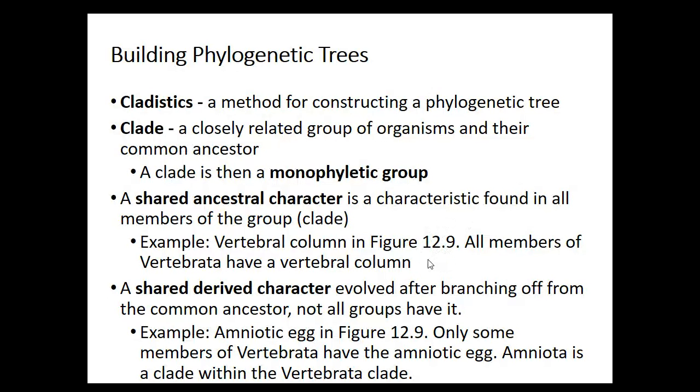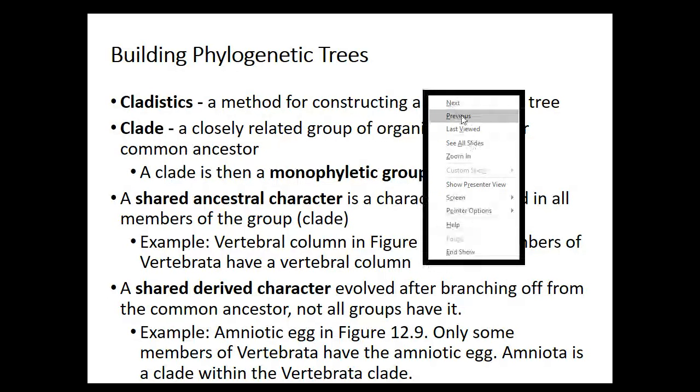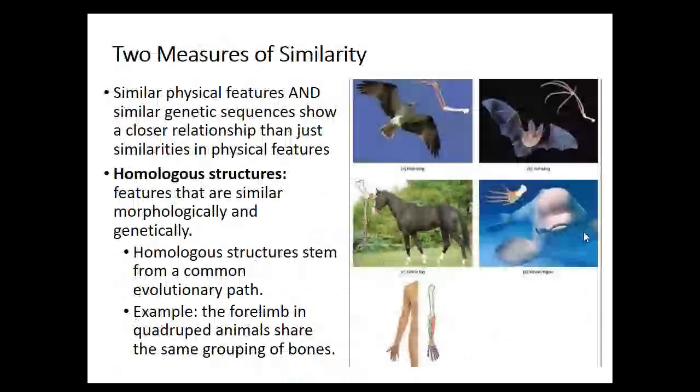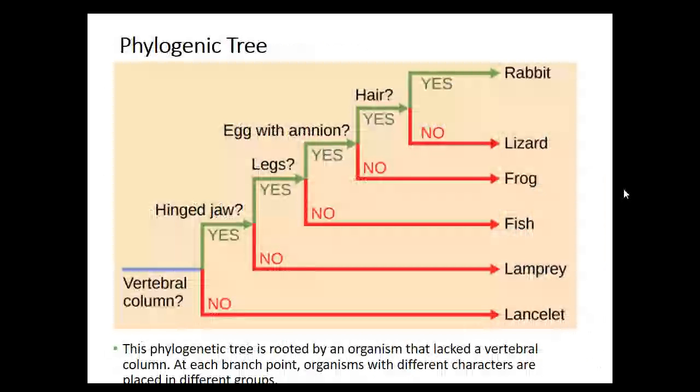So back here, a shared characteristic would be the vertebral column, because they all, except the lancelet, have the vertebral column.